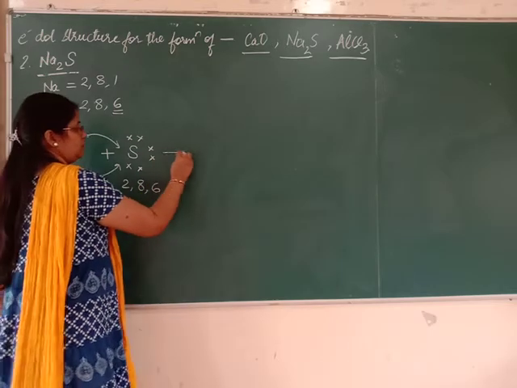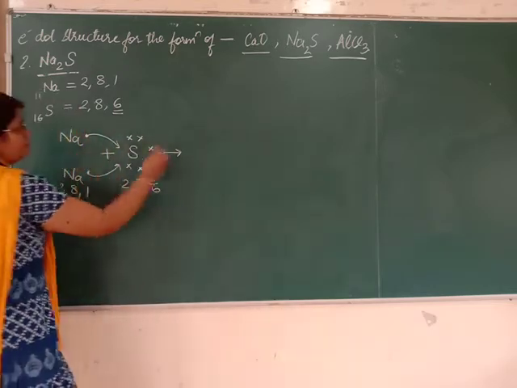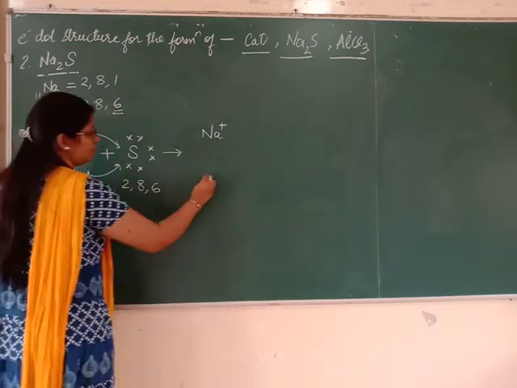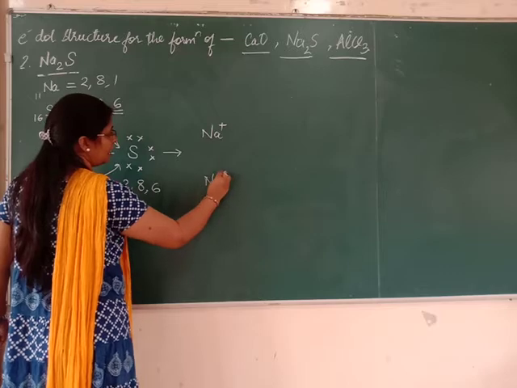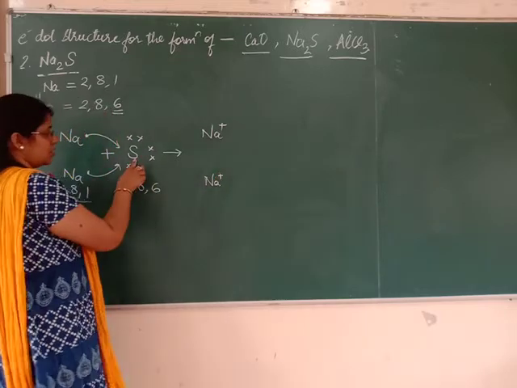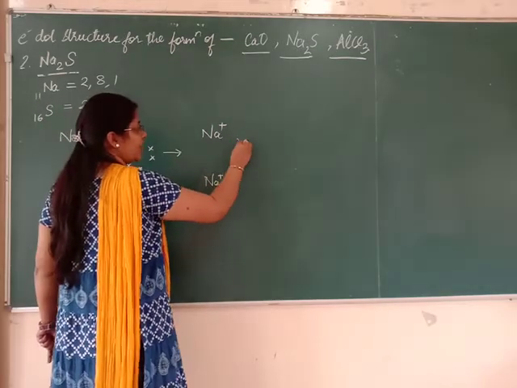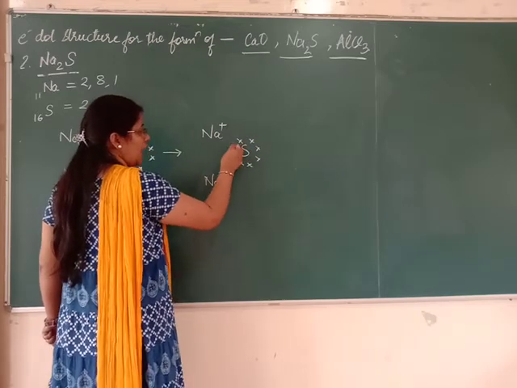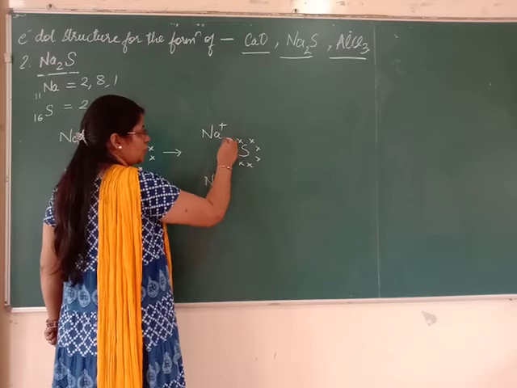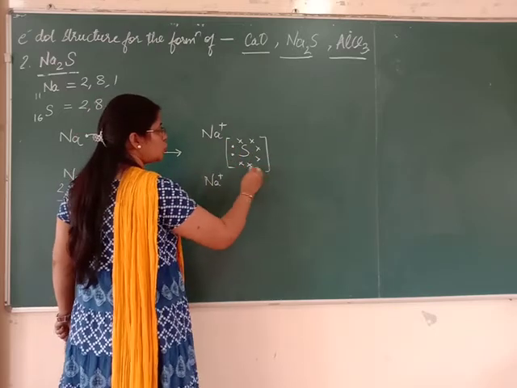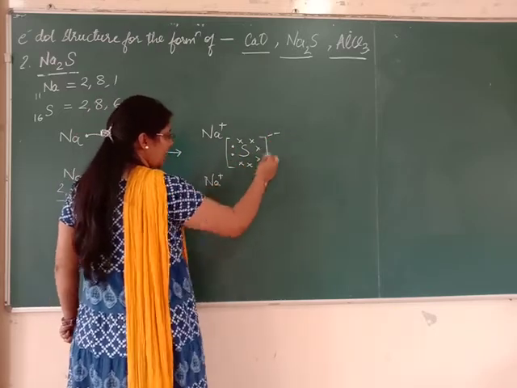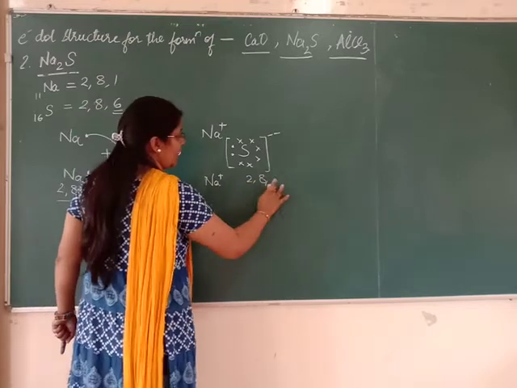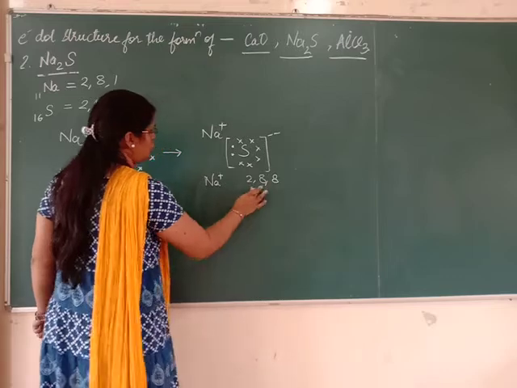So this sodium atom becomes sodium ion, and this sodium atom becomes sodium ion. And this sulfur, which already has 6 electrons of its own plus 2 electrons coming from 2 sodium atoms, acquires a -2 charge and electronic configuration 2, 8, 8.